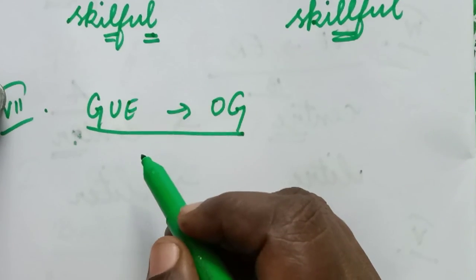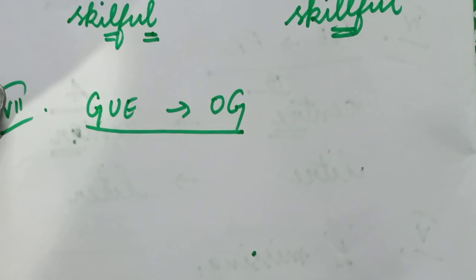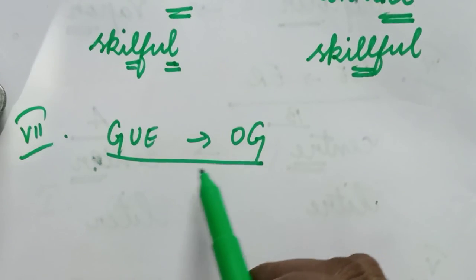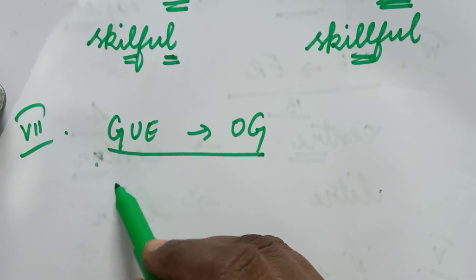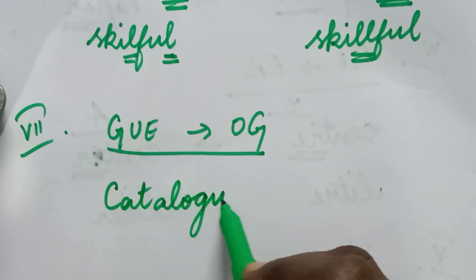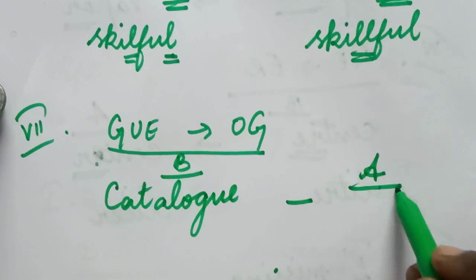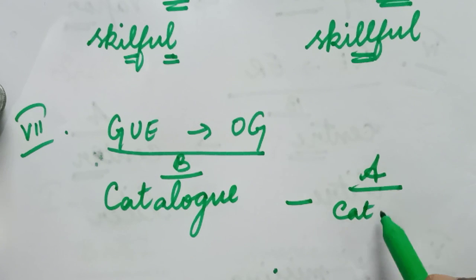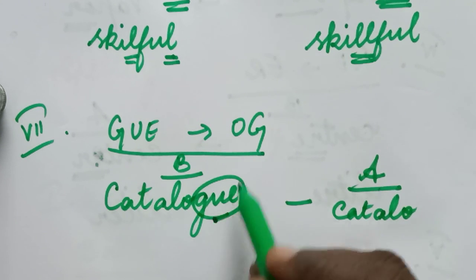GUE to OG forms. Okay, so GUE to OG forms. The first one is catalogue. So this is the spelling in British English, and in American English we use the same as... tell me what we have to write. This GUE should be replaced by what?